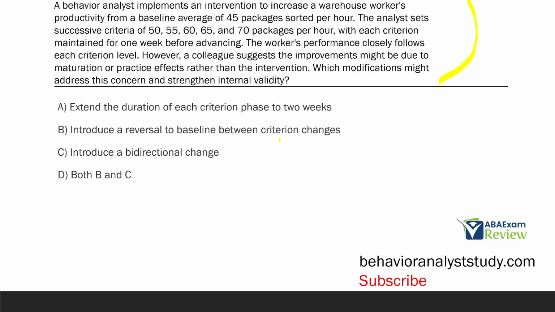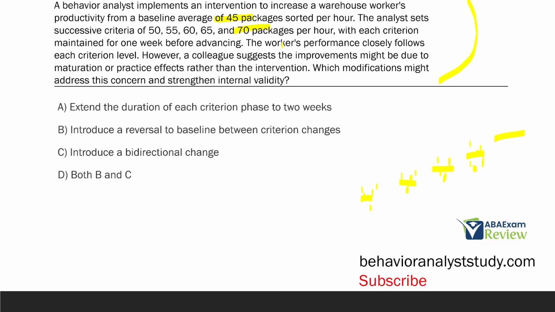In this case, it's a very straightforward changing criterion question. We have an analyst who's using an intervention to go from 45 to 70. And he's using changing criterions, right? So he's slowly increasing the criterion. In this case, the worker's performance is following each level, which is exactly what you want to see with the changing criterion, right?